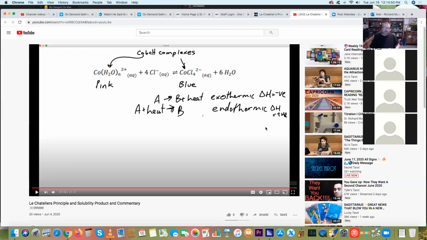Let's say that if it was pink and you added heat, it turned blue, and then you cool it, you take that heat away, and then that will go back to being pink because you're removing a reactant.